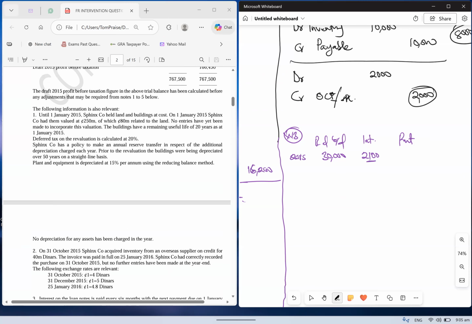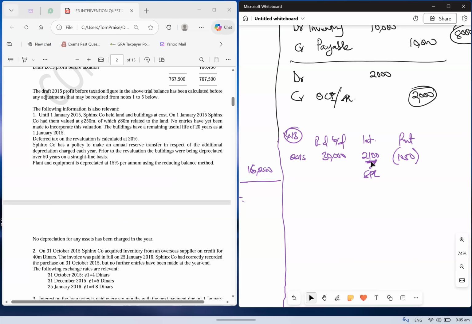They were supposed to record 2,100, but the half that is supposed to go to P&L has not gone. So the payment that is supposed to be 2,100, they've paid only 1,050. So you are only going to do the extra.